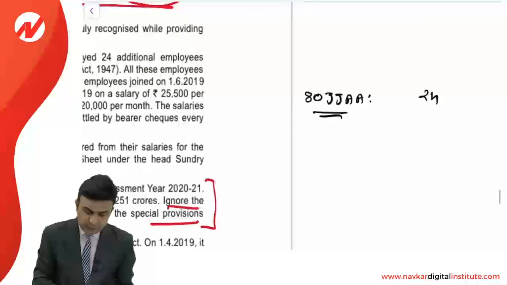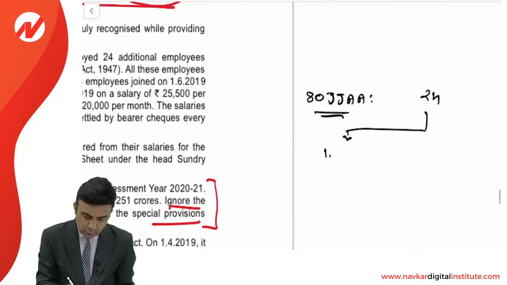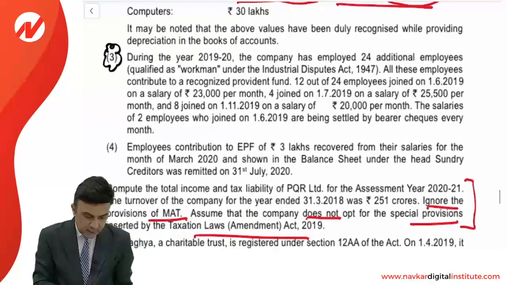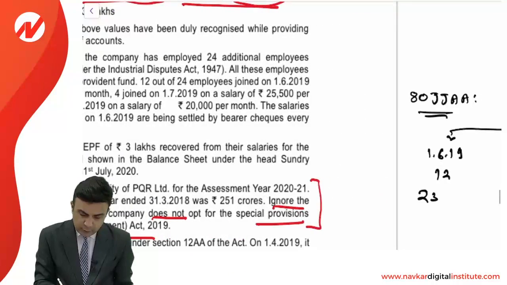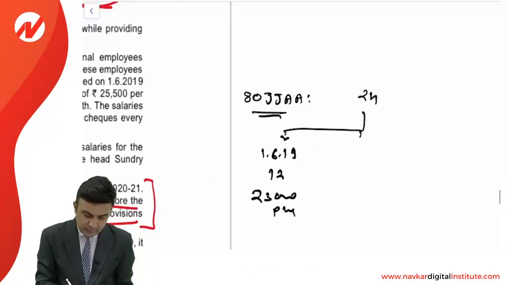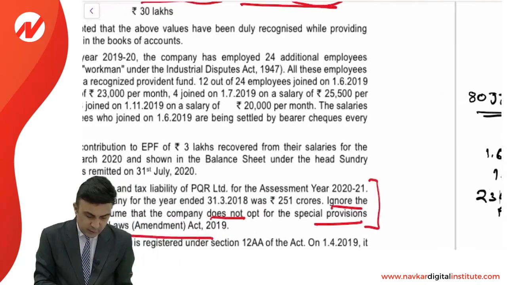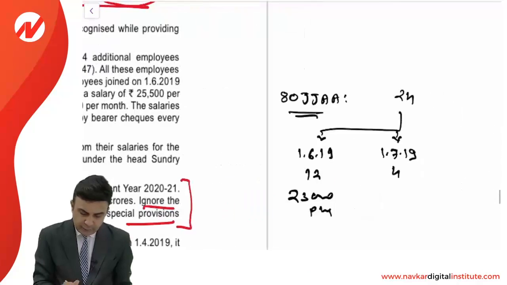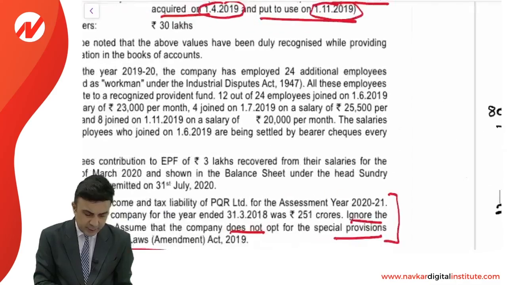12 join on 1/6/19, at a salary of 23,000 per month. I am writing the salary also. Thereafter, you are given 4 join on 1/7/19 at a salary of 25,500 per month. I am writing everything so as to have full clarity while we solve the sum.